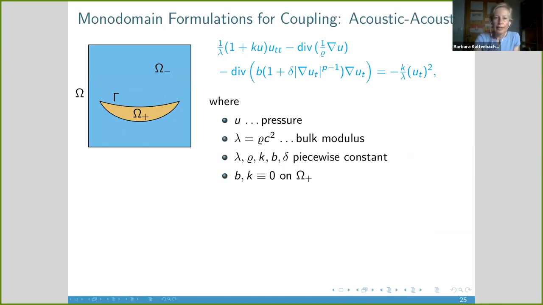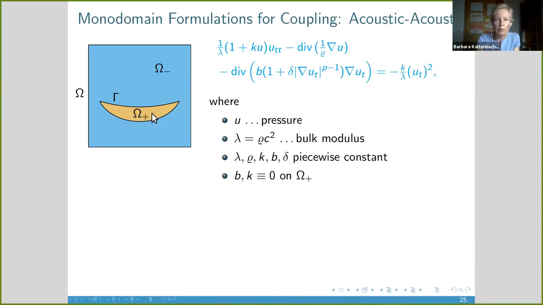Another aspect here is to write these equations in a monodomain formulation, because in principle, the physical quantities that live in these 2 different domains are at least related to each other. So if we model the lens also by an acoustic domain, then it's basically the same physical quantities.